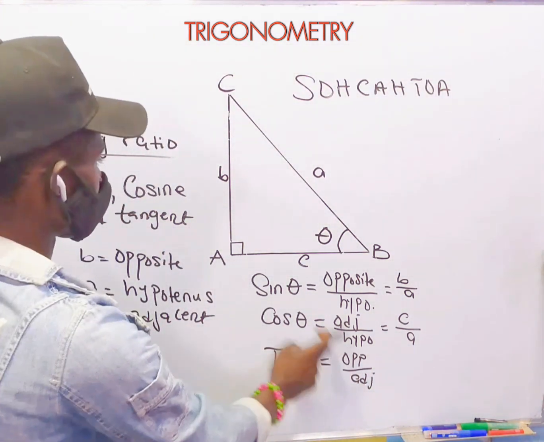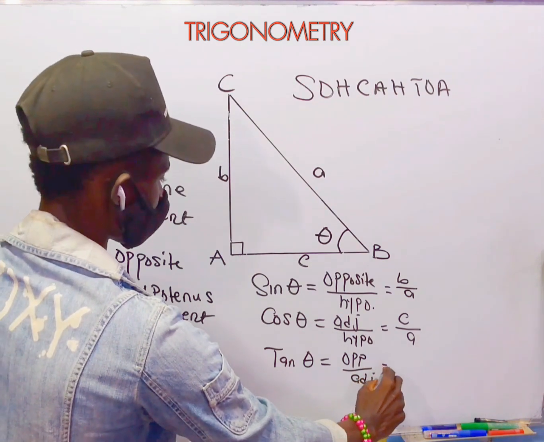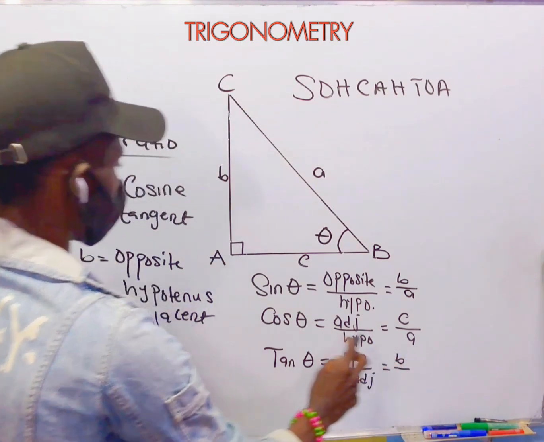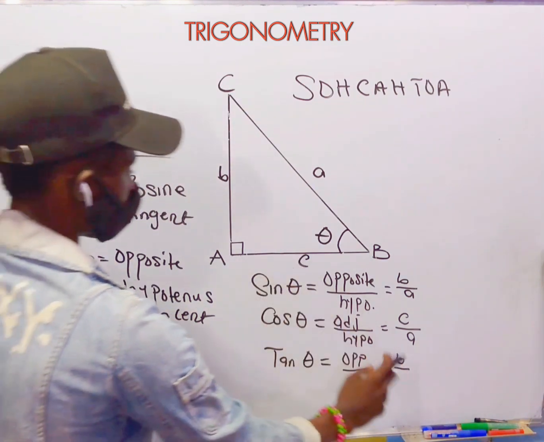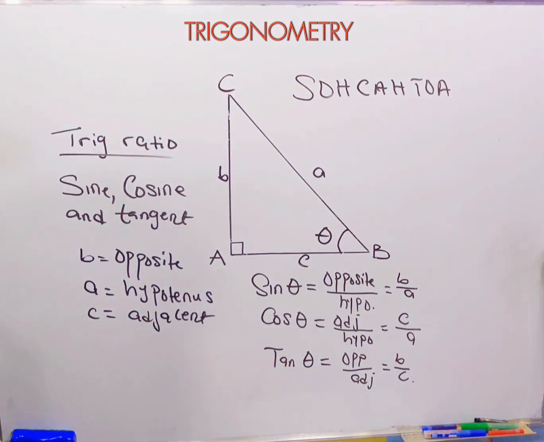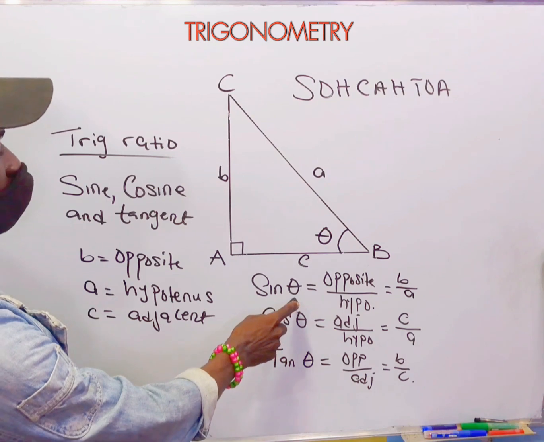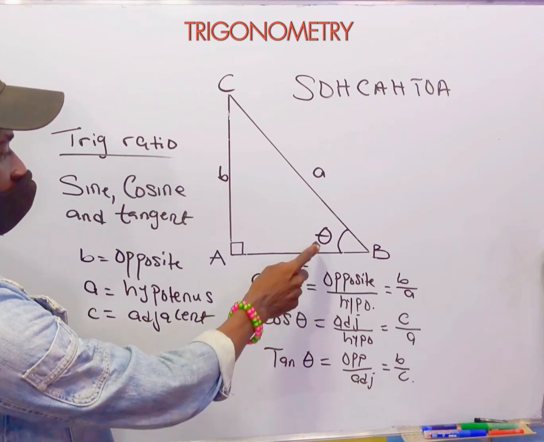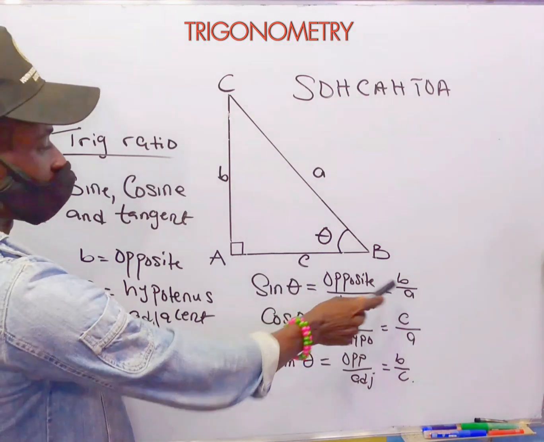Opposite theta here is B over adjacent, which is C.